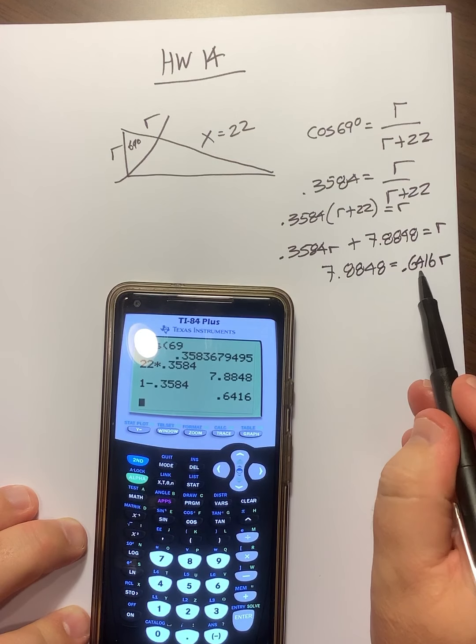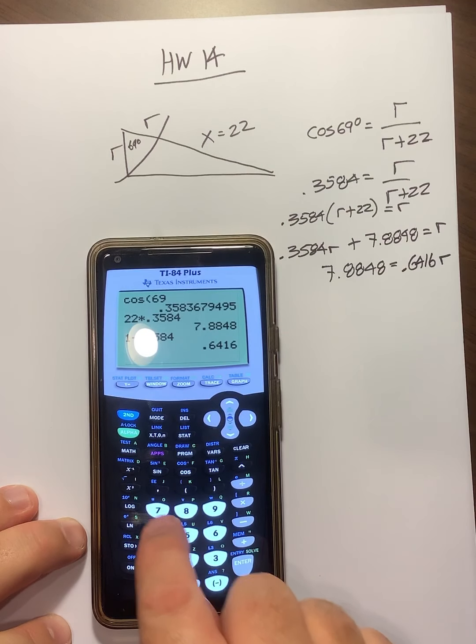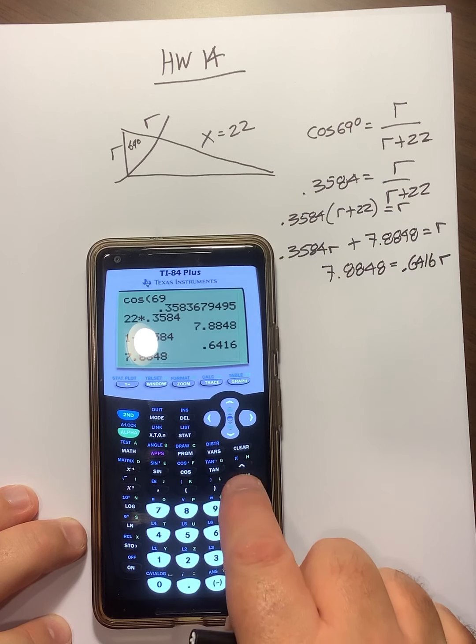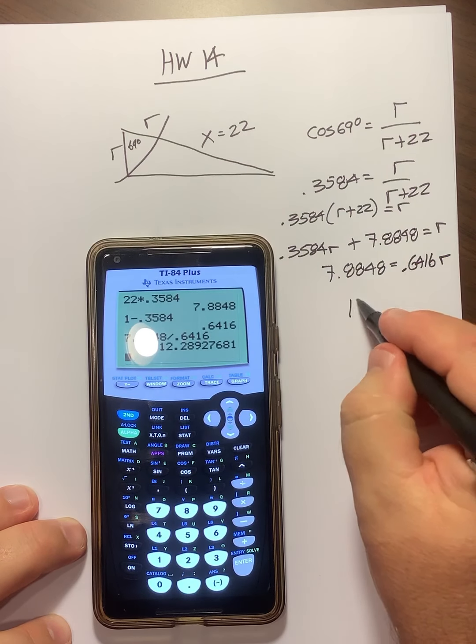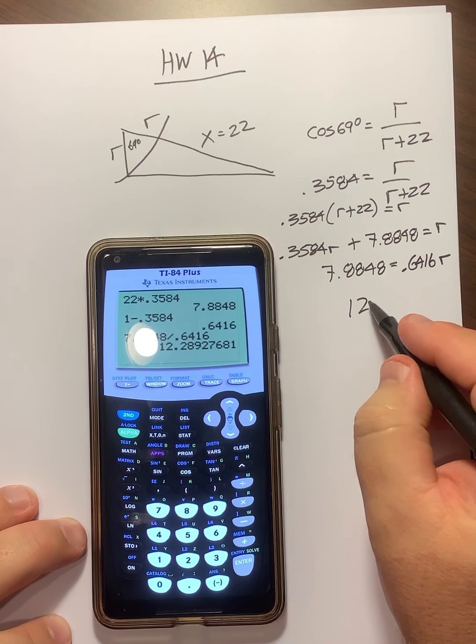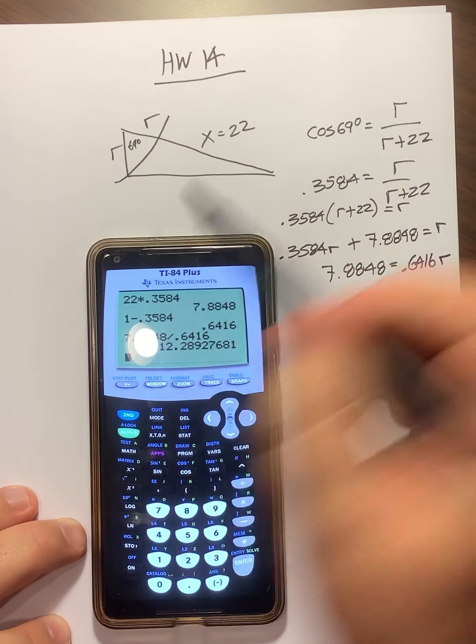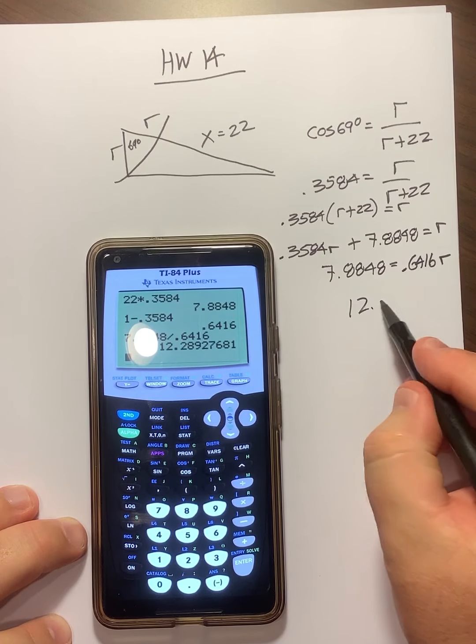Divide both sides by 0.6416, so I get 7.8848 divided by 0.6416, and I get 12. We'll say this is 2 significant figures, so we're just going to say 12.